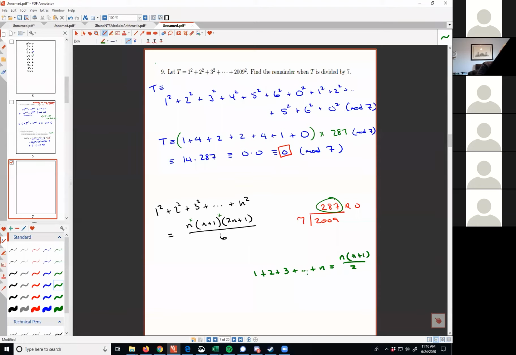So we have those same two factors, and then we multiply by 2n plus 1. And then instead of dividing by 2, which is 2 factorial, we divide by 3 factorial. And we'll find out whether factorial really is or is not what's going on down there.